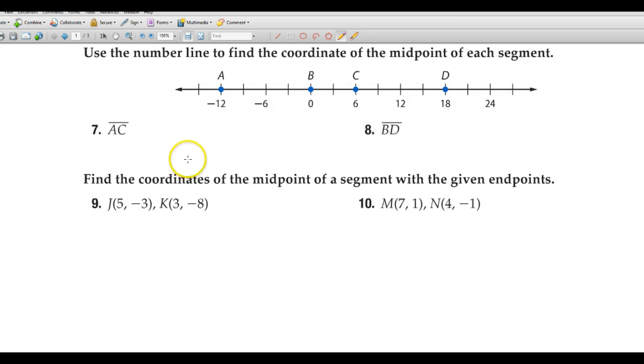So we want to use the number line to find the coordinate of the midpoint of each segment. So halfway between A and C, and the method here is to take our coordinates, add them together, and divide by 2, and it doesn't matter the order. So either -12 plus 6 or 6 plus -12.